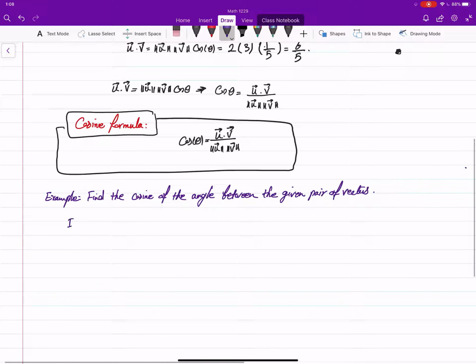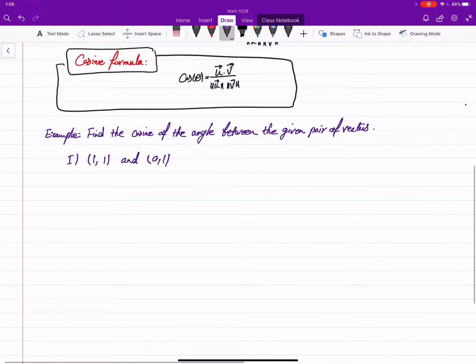So if two vectors, one is (1, 1) and the other one is (0, 1), what is the cosine of the angle between these two? And then the second one is (1, -1, 0) and (2, 1, -2). We need to know the formula.